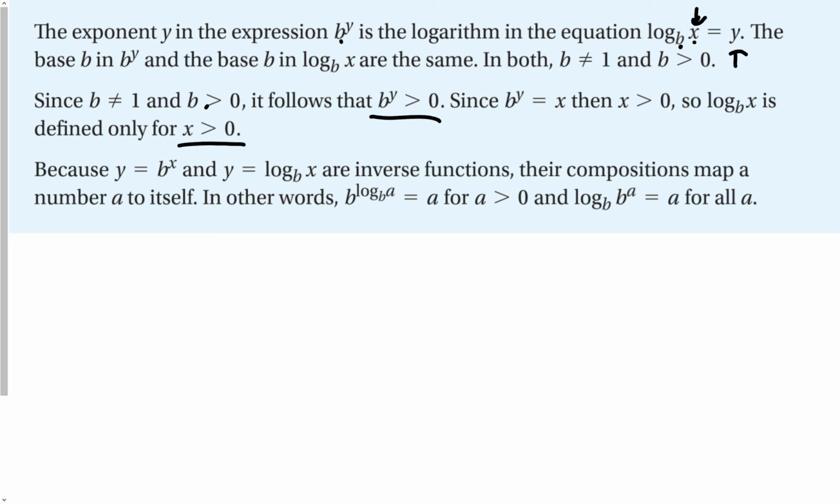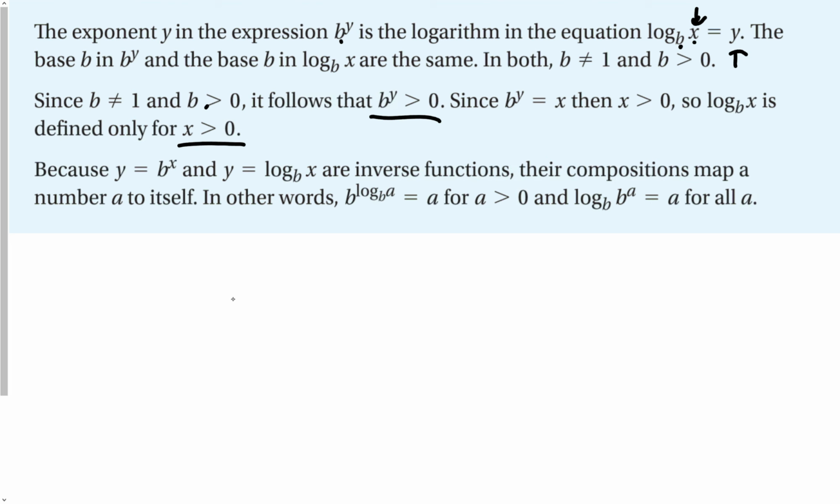Okay, we'll look at a graph in a little bit. Because they are inverses of each other, their compositions go back to where you started. So if you take a base b and raise it to the log base b of a, you would get a. And if you took the log base b of b to the a power, you would get a as well.